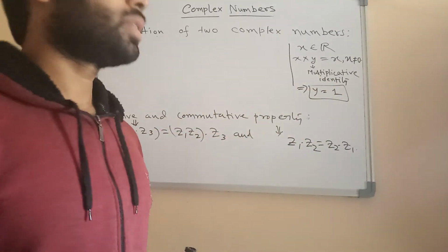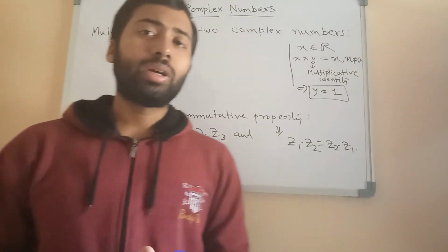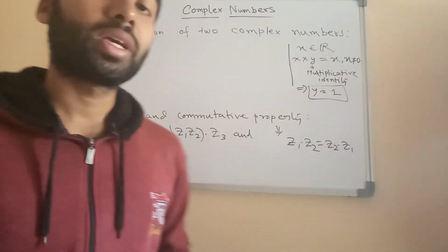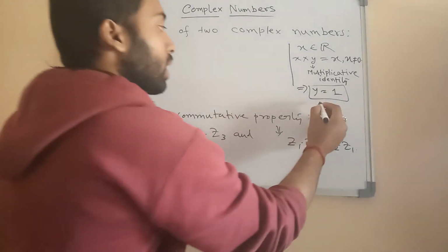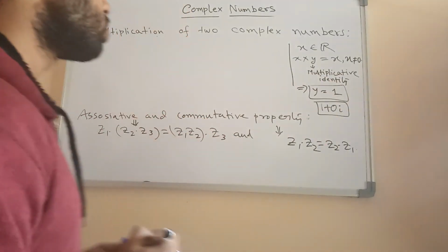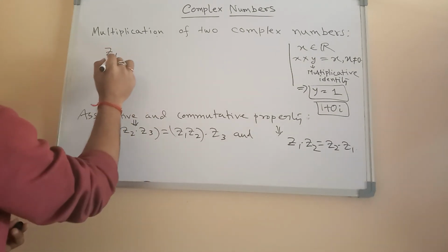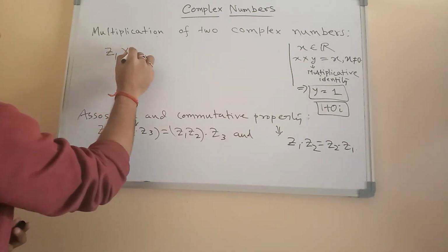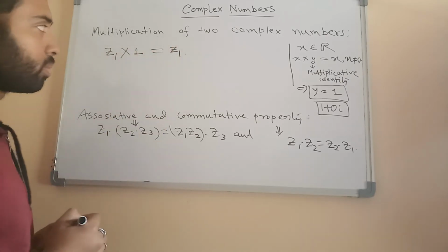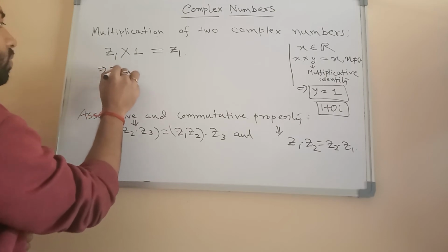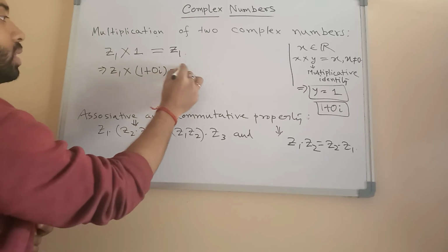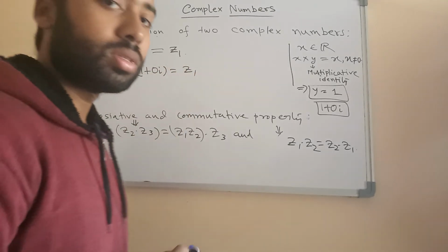As I said, any real number can be expressed in the form of a complex number by taking b equals 0. That means 1 can be written as 1 plus 0i. So if I choose a complex number z1 and multiply 1 plus 0i with it, it will again become z1.